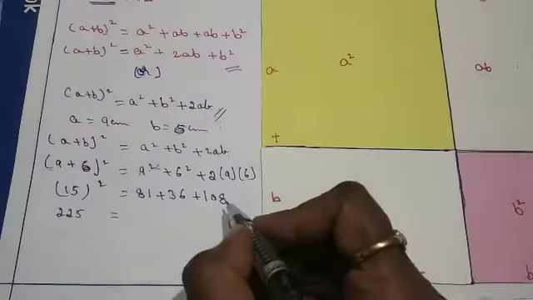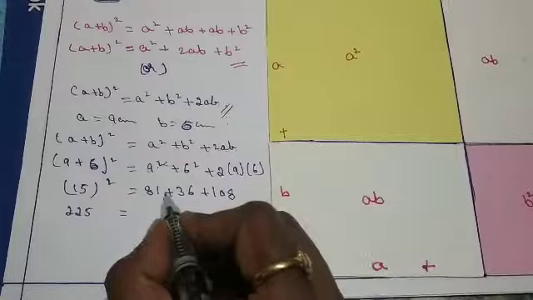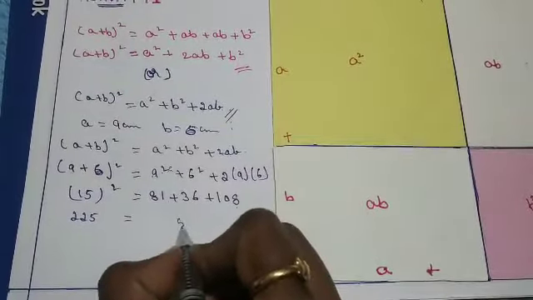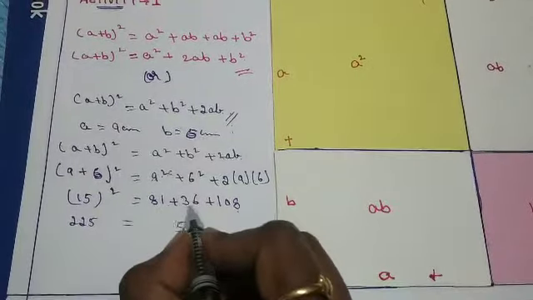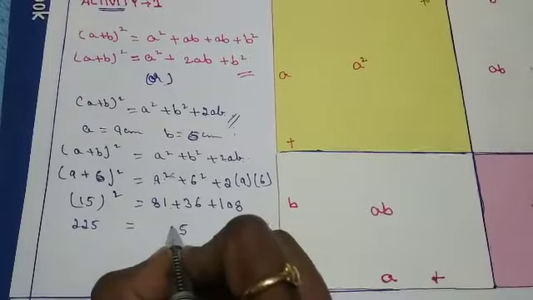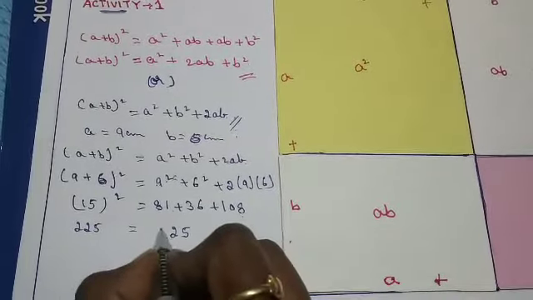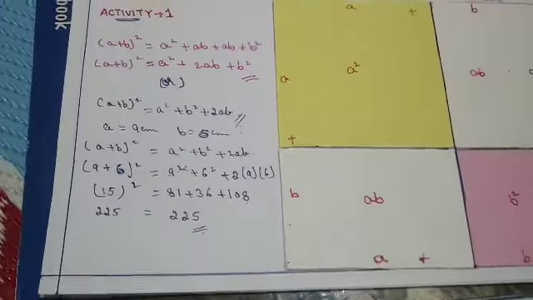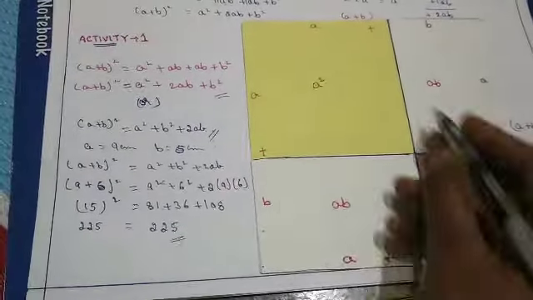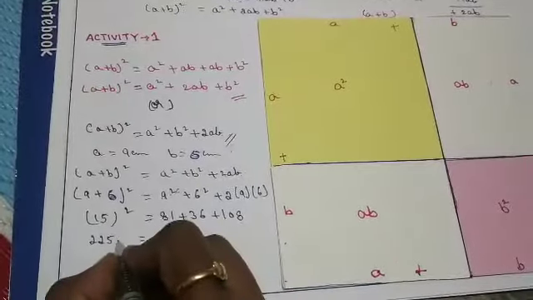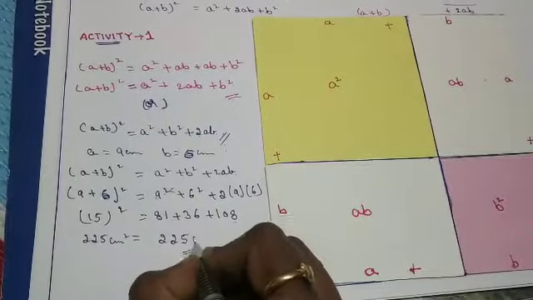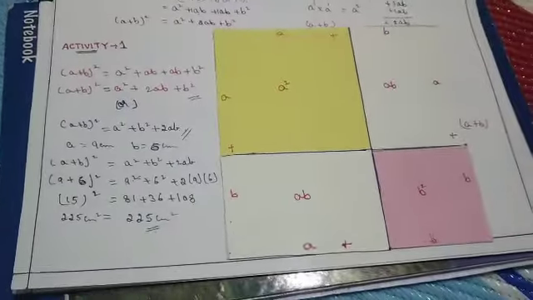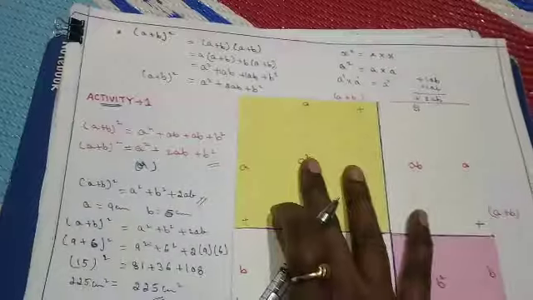Adding all this, we get 225 centimeter square. So the area of this square is 225 centimeter square. This is how we have to solve, children, by applying the identity.